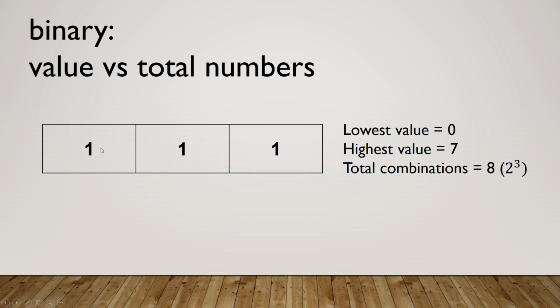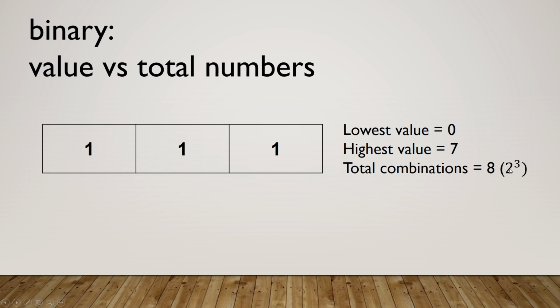And the highest number would be 1, 1, 1, where you have 2 to the power of 0, 2 to the power of 1, 2 to the power of 2, right? Which is 1, 2 plus 4, which is 5. But no, it's not. It's 7. Sorry. So it's 7. The 7 is the highest number, right?